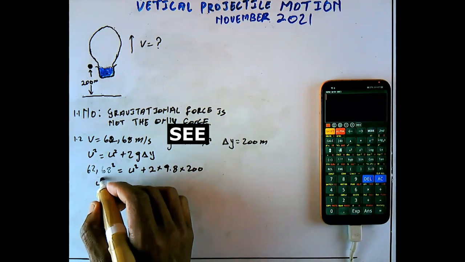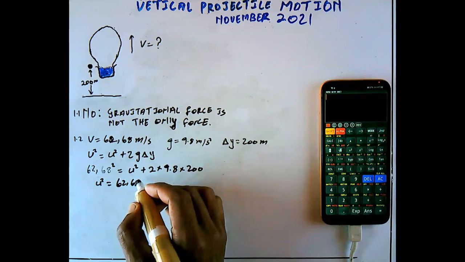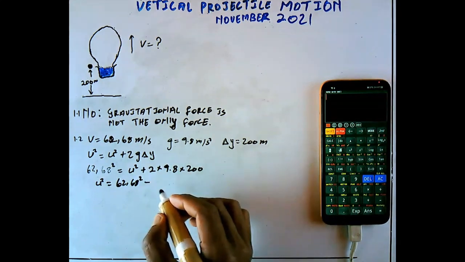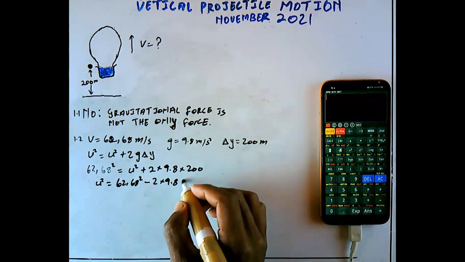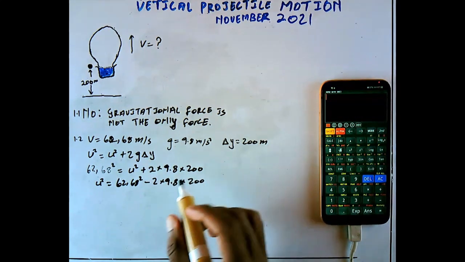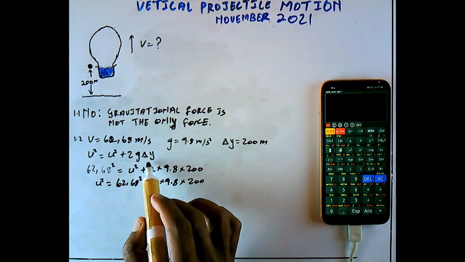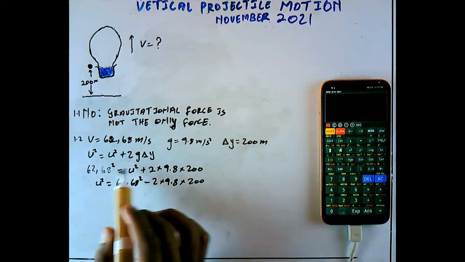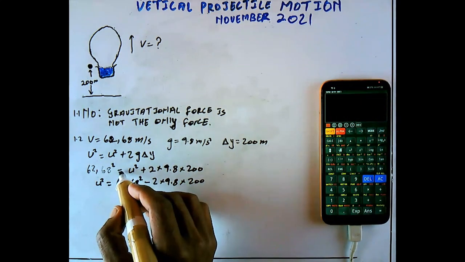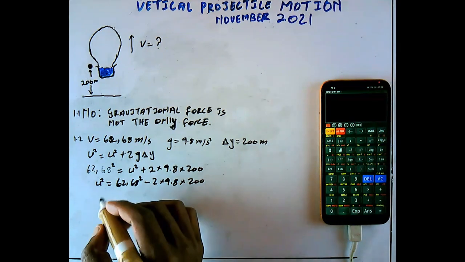I will say u squared is equal to 62.68 squared minus 2 times 9.8 times 200. This is minus because this is one term, so I just take this term and move it to the other side of the equal sign. Then it changes the sign.